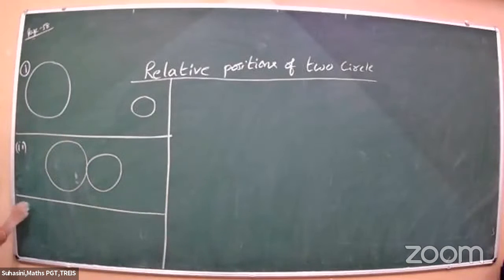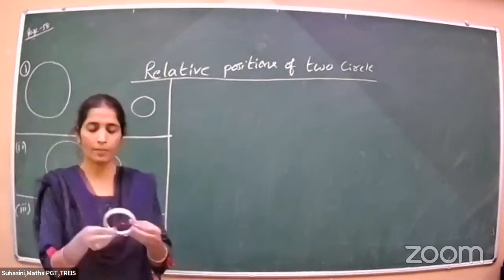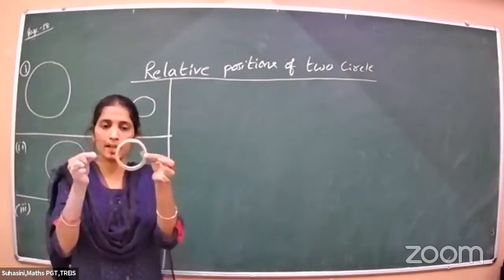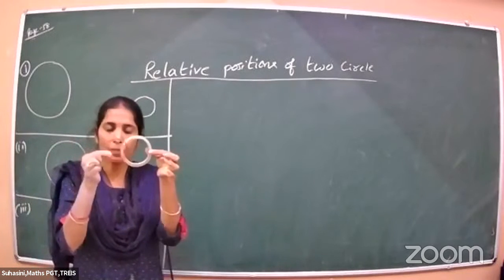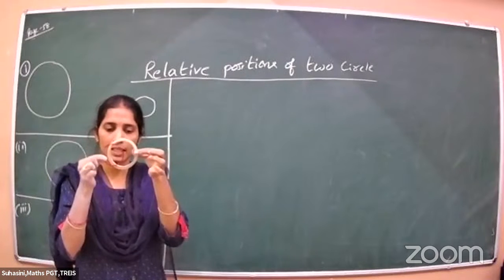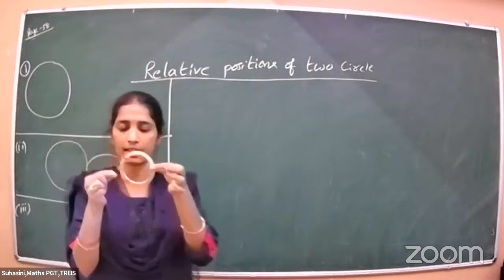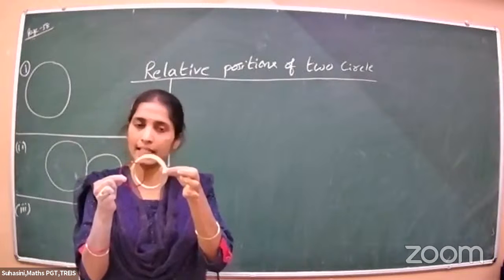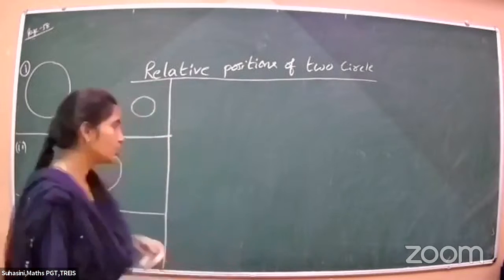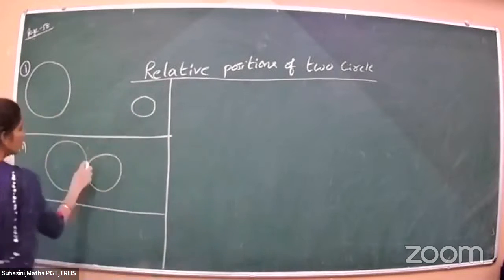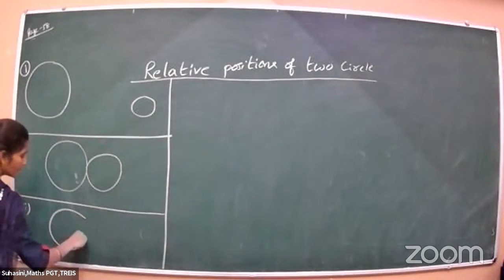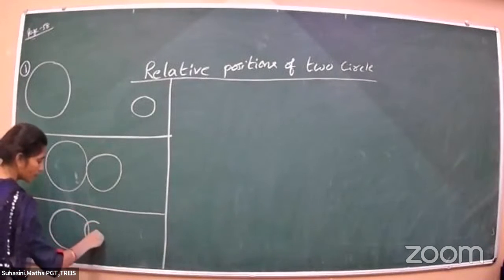Bring them closer, and then the circles will intersect. The two circles intersect. Then there exist 2 points in common. So far: no points in common, 1 point in common, and then 2 points in common.